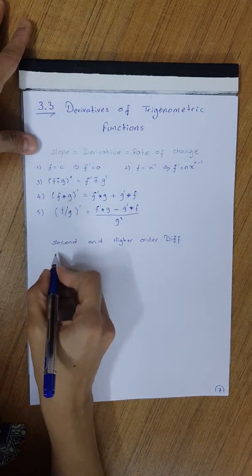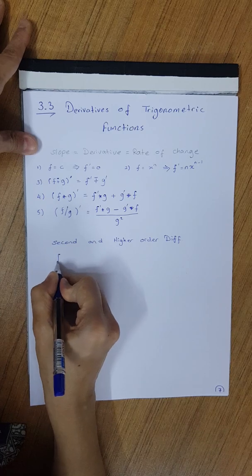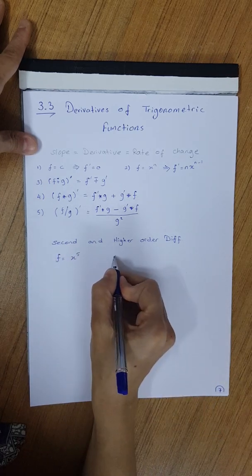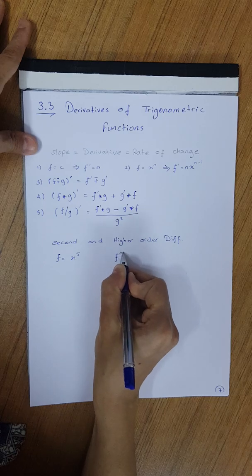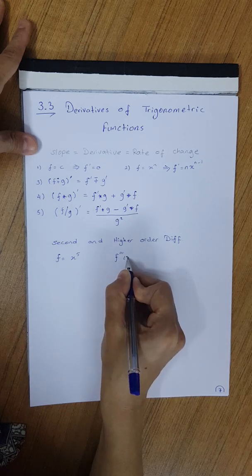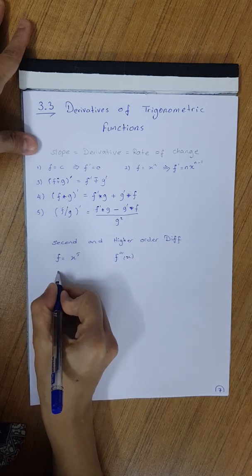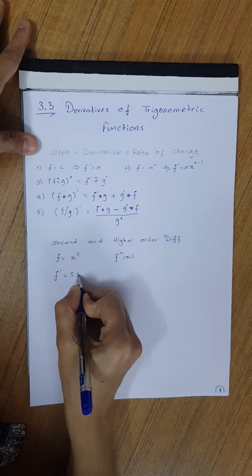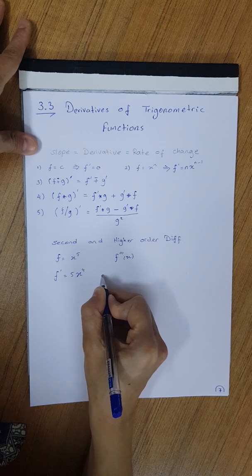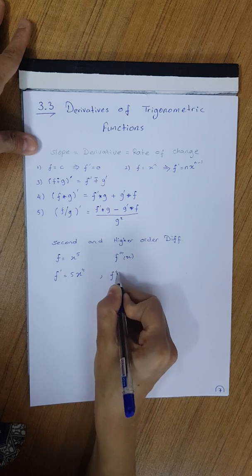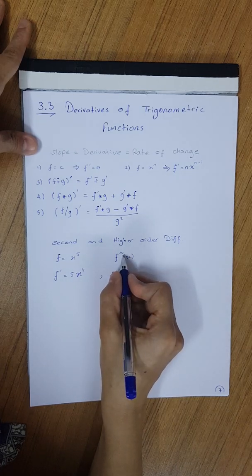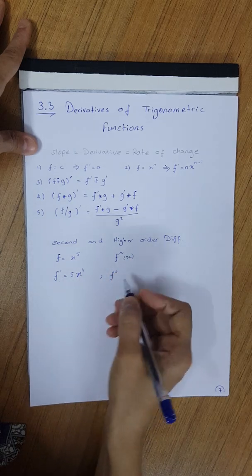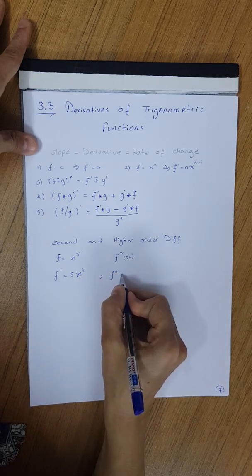So if I have a function, for example, f that's equal to x to the power of 5, and it is required from you to find f triple dash of x, how do we find it? We are simply finding the first derivative of the function, that's equal to 5x to the power of 4. Then we will find the second derivative because the third derivative is required from us. So we have to find the first derivative and the second derivative of the function so that we can find the third one.